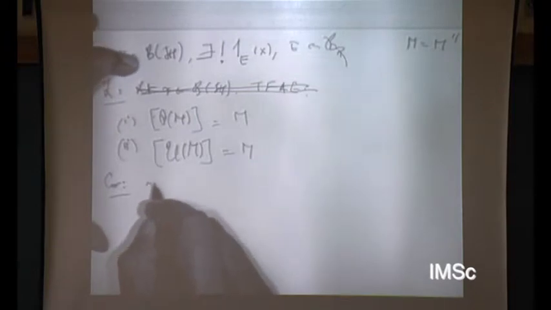So consequently, X is in M if and only if X commutes with E prime for all E prime in P of M prime.